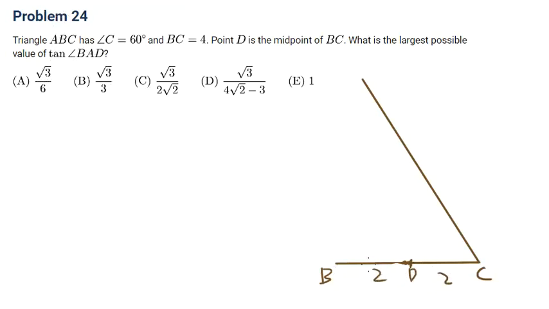What's the largest possible value of tan BAD? Okay, so we know that A is going to be on this line, this ray. It's somewhere on this line where it can move. Tangent BAD.